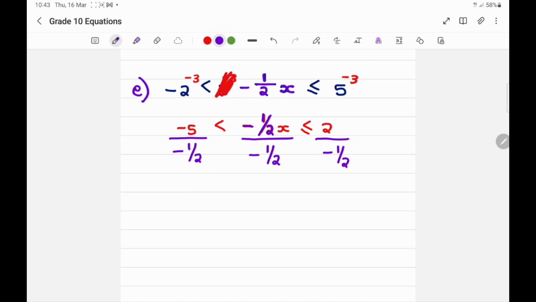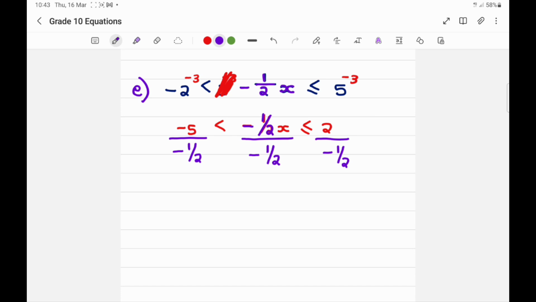Why? Because we are dividing with a negative. So immediately when you divide with a negative, what's going to happen? Our inequality signs are going to change direction, both of them in this case. Instead of facing right, they're going to swap around, and they're both going to be facing left now.